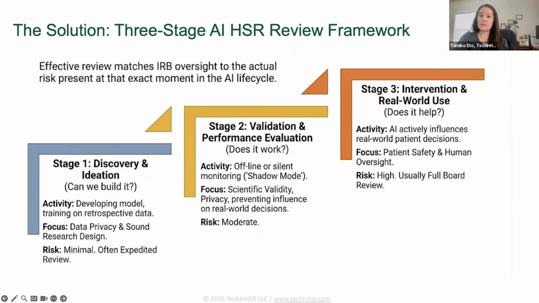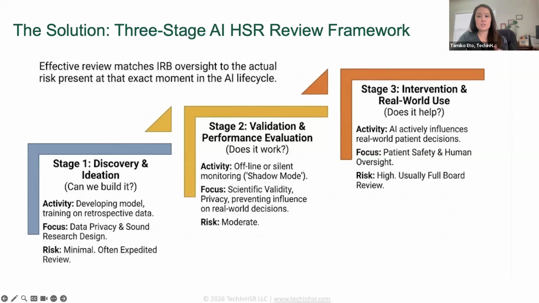No one is seeing them and then acting on them, because that influences their decision making. The purpose is to establish a baseline performance: does the algorithm function accurately in the actual target population under real world conditions? In this case, the risk is moderate. Full board IRB review might be needed because we want to give attention to whether it is a device or not.